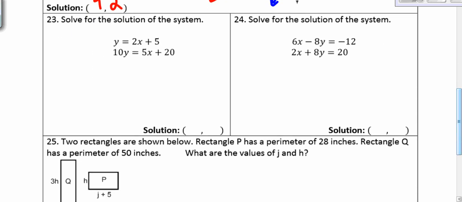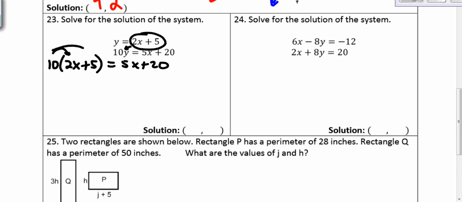Number 23, solve for the solution right here. I'm going to use substitution because it is the easiest to do right here. So you have 10 times 2x plus 5 as my y equals 5x plus 20. I'm going to do distributive property. You have 20x plus 50 equals 5x plus 20.